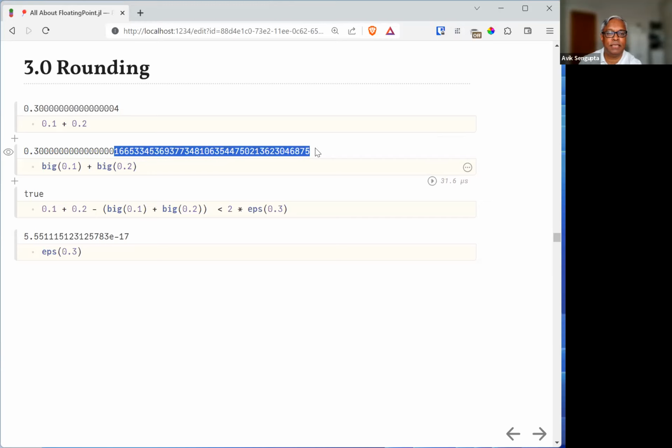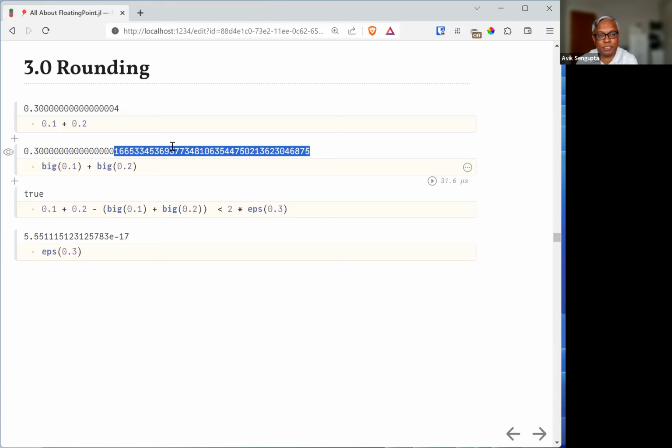So this is the amount of significant digits that you have in a big float, right? A big float typically, I think, has 512 bits of precision, if I'm right. Someone can correct me if I'm wrong, but I believe by default, the big floats that we use in Julia have 512 bits of precision, while Float64 has obviously 64 bits of precision, right?